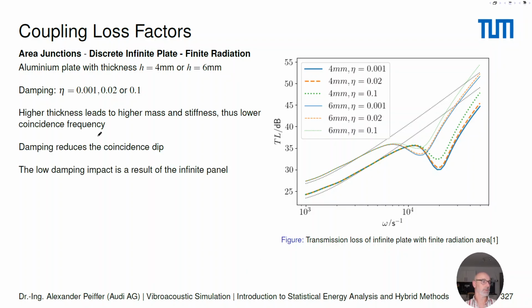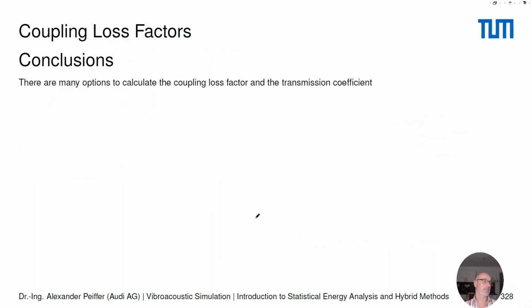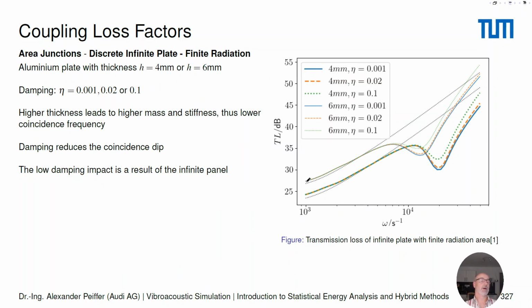Higher thickness leads to higher mass and stiffness, which is why the coincidence frequency goes lower. Damping reduces the coincidence dip. However, all this is calculated for a finite radiation area but an infinite plate, so this is not a totally correct solution and will not correspond exactly to an experiment.